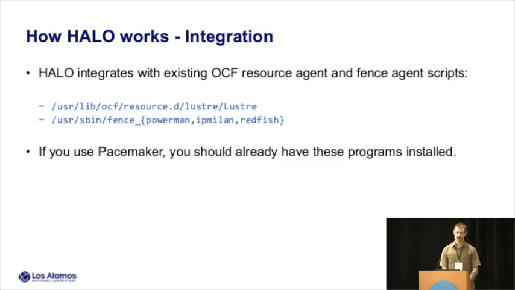In terms of how Halo actually does power management and resource management, it integrates with the existing OCF resource agent and fence agent APIs. If you use Pacemaker at your site, you're probably already familiar with these programs, but we're not reinventing the wheel here. We're using those existing OCF APIs to do the actual resource and power management.